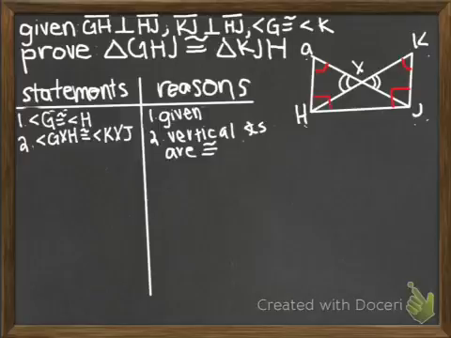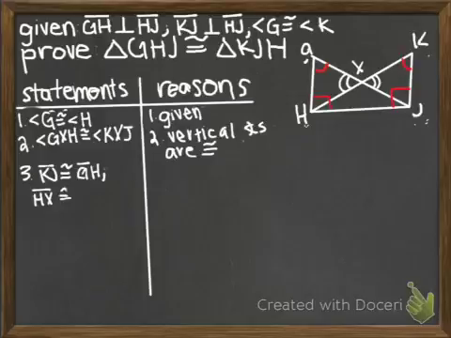Okay, remember, we want to prove that triangle GHJ is congruent to triangle KJH. So my next step is going to be line KJ is congruent to line GH, and that line HX is congruent to line XJ.